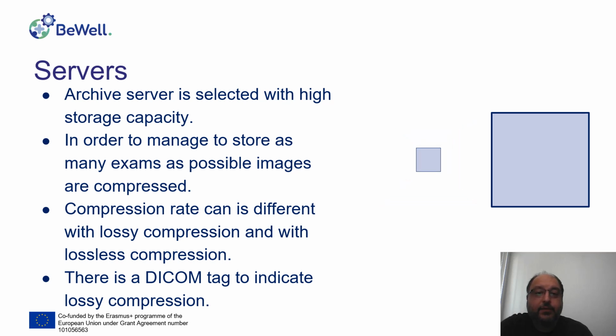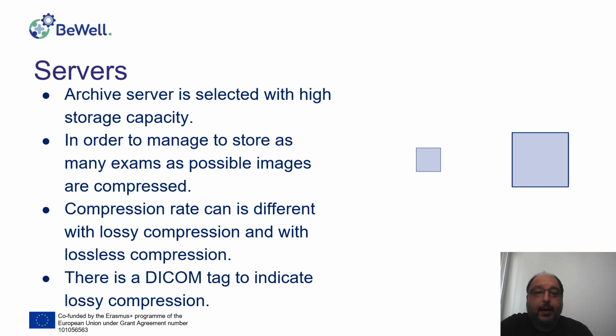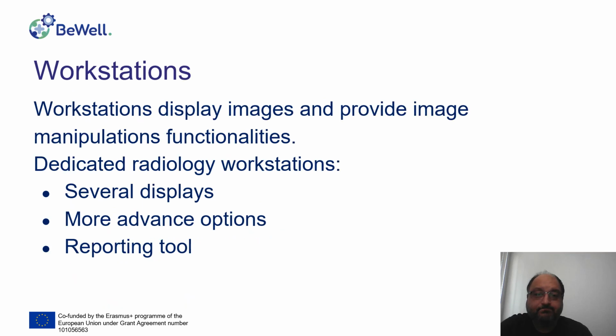And you may have lossless compression, but then the file will have a larger size. And there is a special tag in DICOM to indicate that the compression that has been performed is lossy, and this tag shall not be changed.